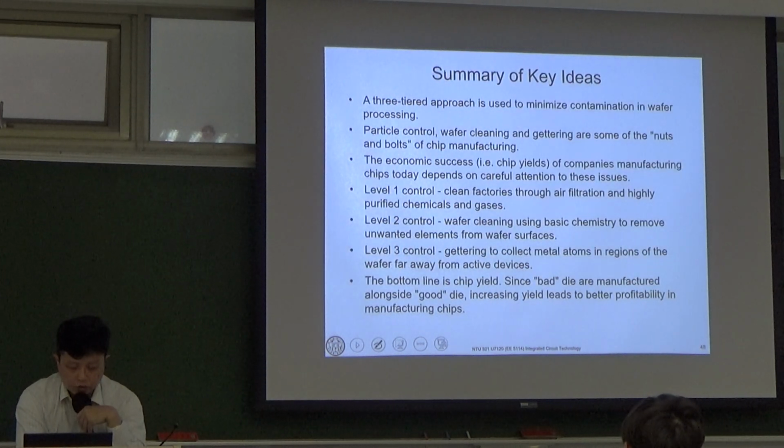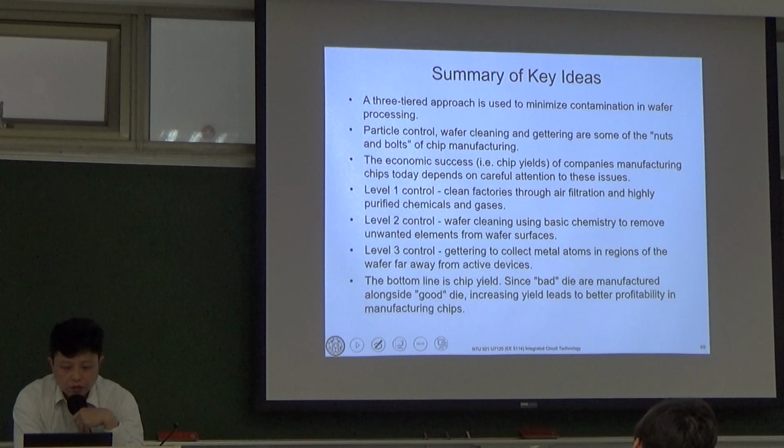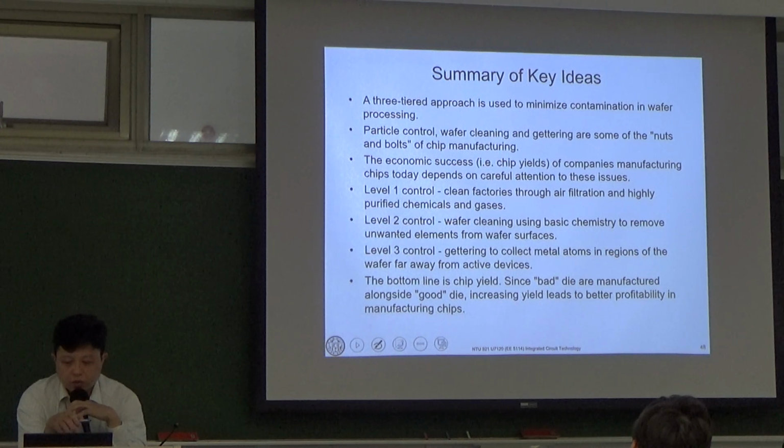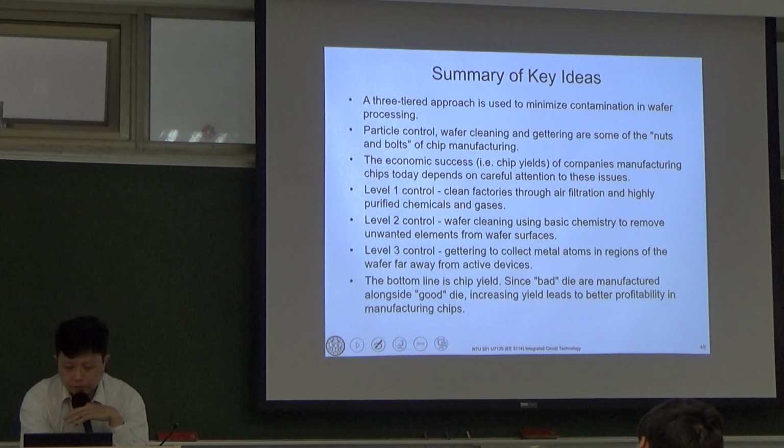Okay, so here just to summarize what we have learned in these chapters. The first one is that we have a three-tiered approach to control the contamination from the clean room, from those wafer cleaning processes, and also the gettering process. Okay, and we can use this particle control, wafer cleaning, and gettering, some of the nuts and bolts of chip manufacturing.